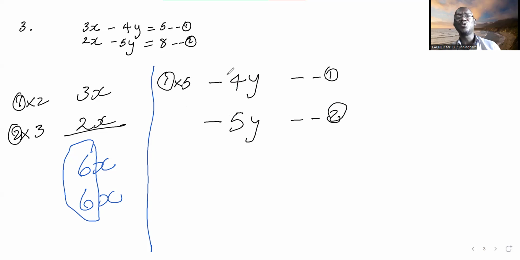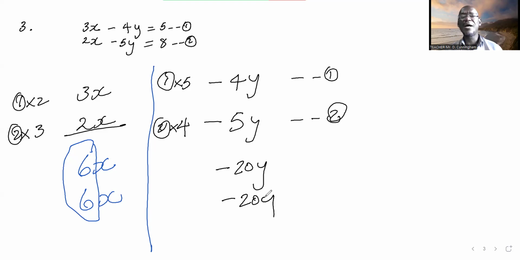If I multiply equation 1 by 5, the 4y becomes negative 20y. And if I multiply equation 2 by 4, the 5y becomes 20y. Everybody understand that? Yes, sir. Is that amazing or what?